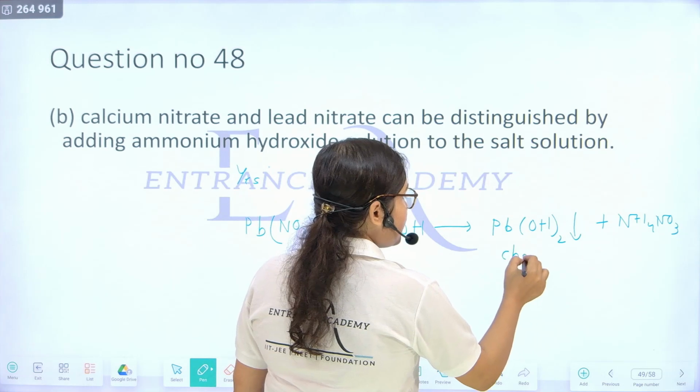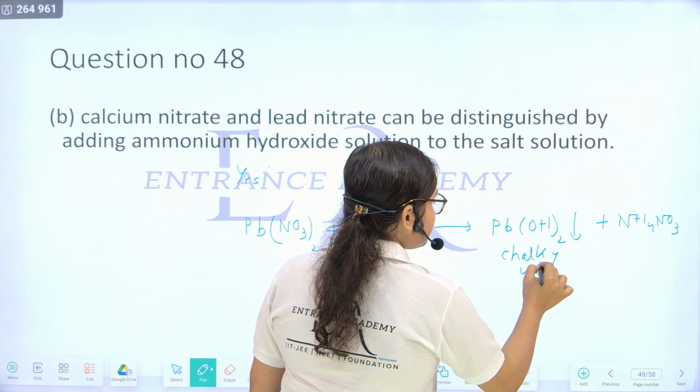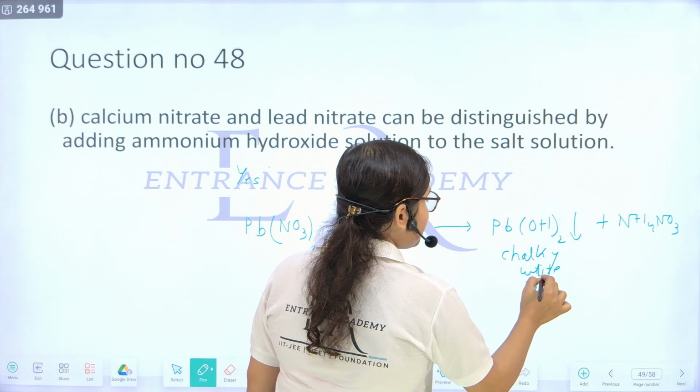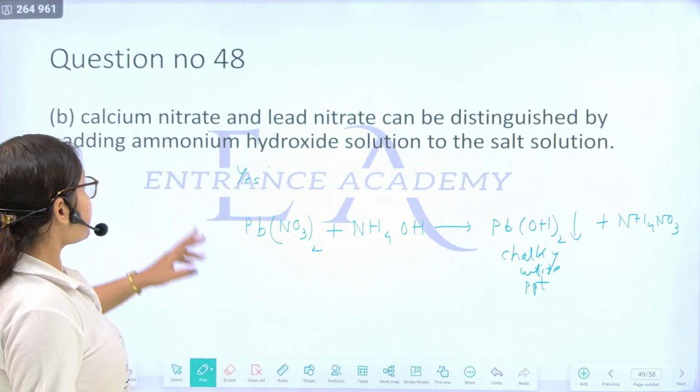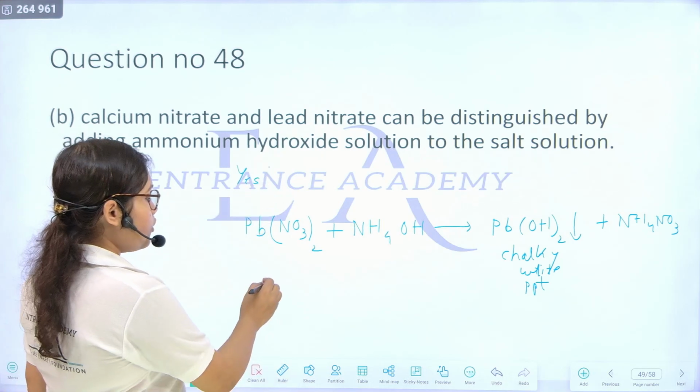This is a chalky white precipitate. But if we react calcium nitrate with ammonium hydroxide, no reaction.